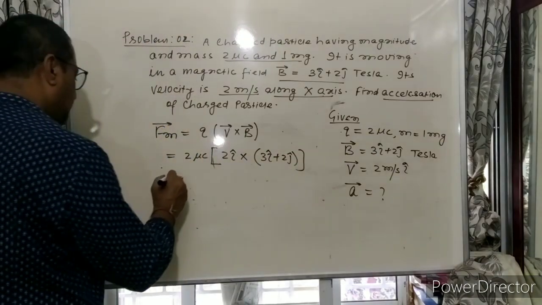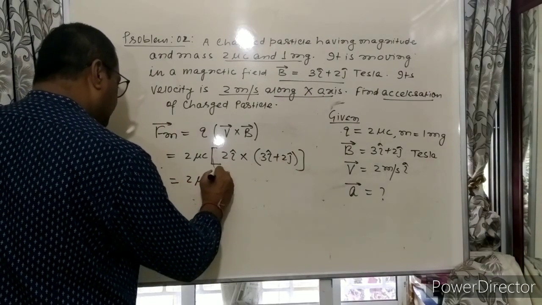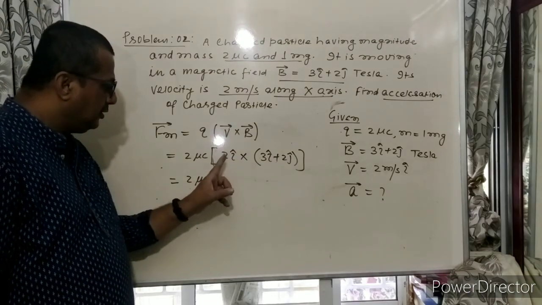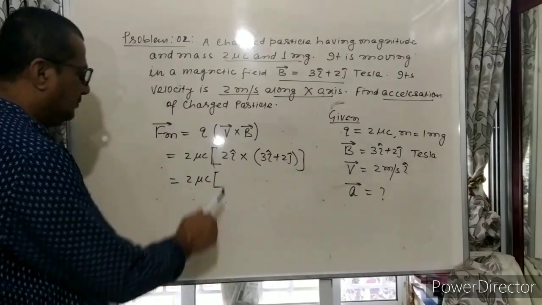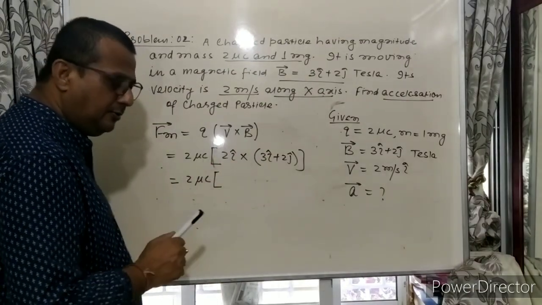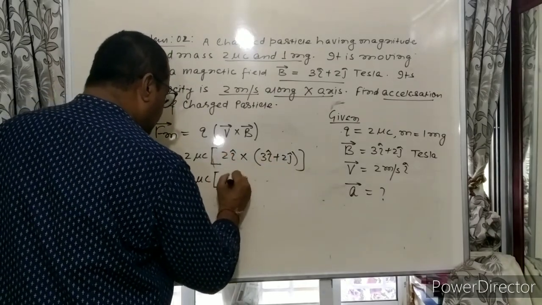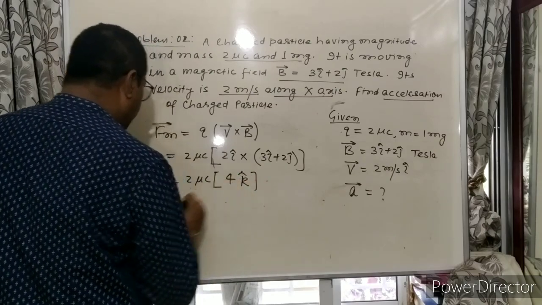Now this will be equal to 2 microcoulomb. We have to do the cross product here. 2I cross 3I: here I cross I equal to 0, so 2I cross 3I equal to 0. Then 2I cross 2J gives 4, and I cross J equal to K, so this will be 4K.